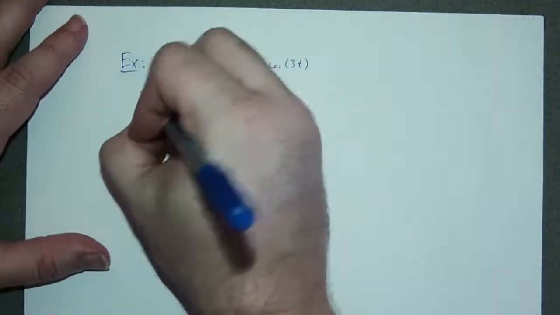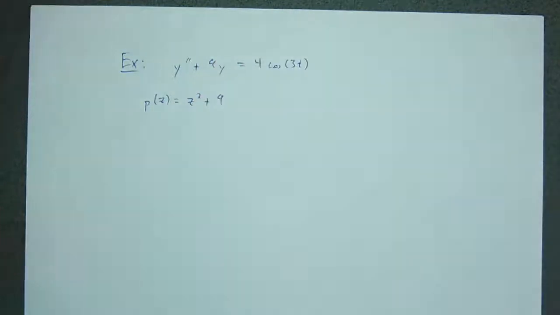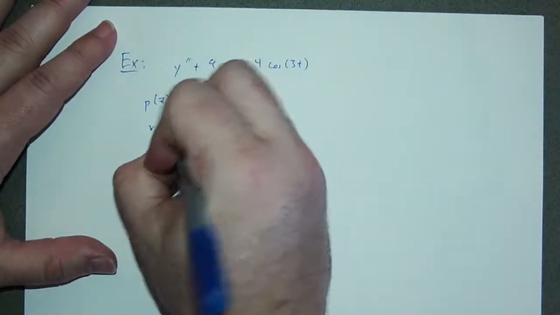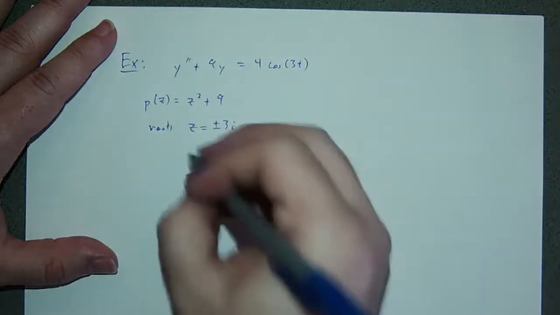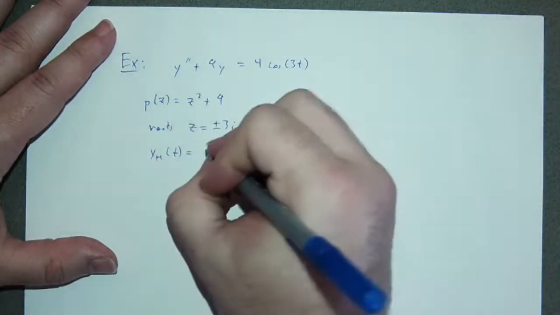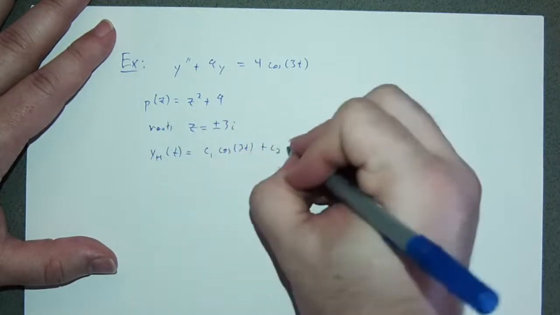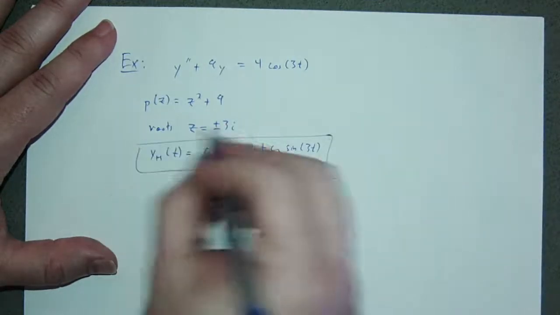Well, the characteristic polynomial is z squared plus 9. This has roots plus or minus 3i. So the homogeneous solution is c1 cosine of 3t plus c2 sine of 3t. All right, because the real part of this is 0.